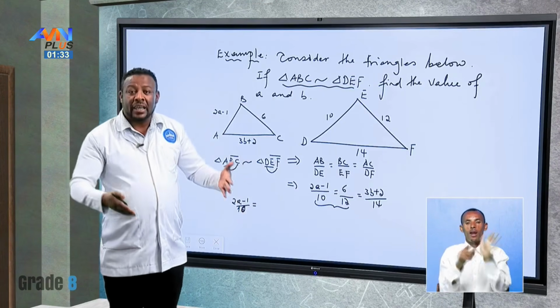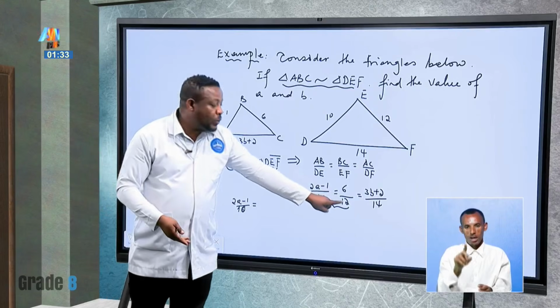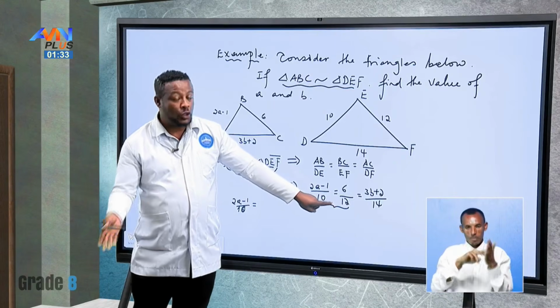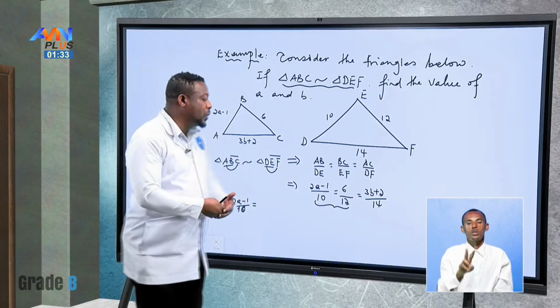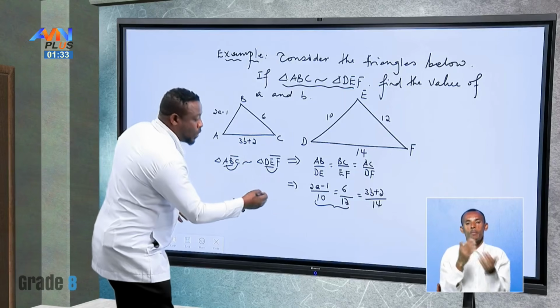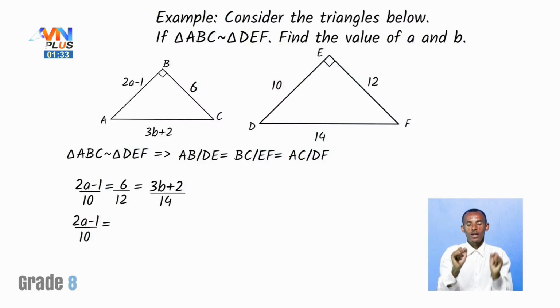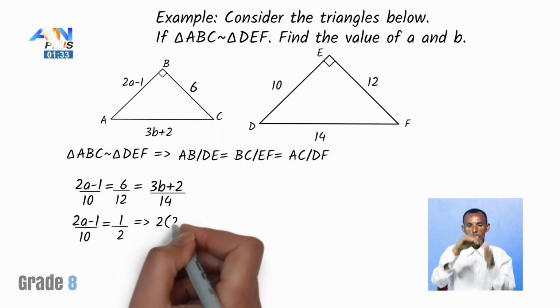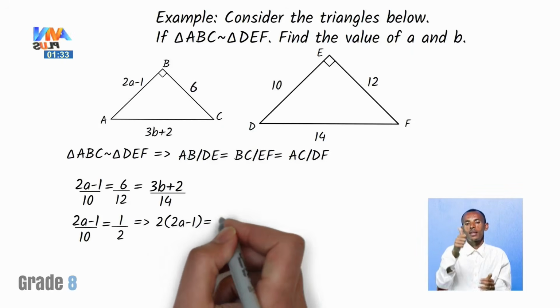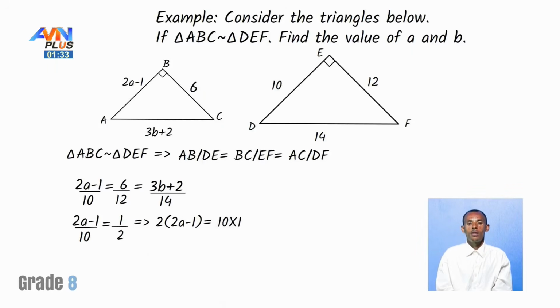Clearly 6 is 6 times 1, and 12 is 6 times 2. So you can simplify 6/12 as 1/2. Then use crisscross. This becomes 2 times (2A - 1) = 10 times 1, which is 10.